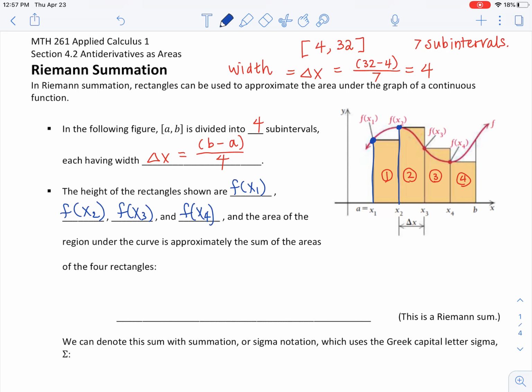But notice, are they all the same? No. As we can see, the height of rectangle number 2 is taller than the height of rectangle number 4. So these are all different.